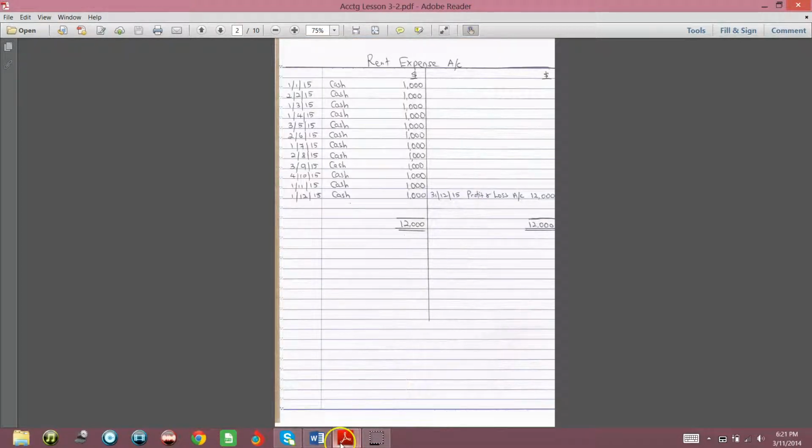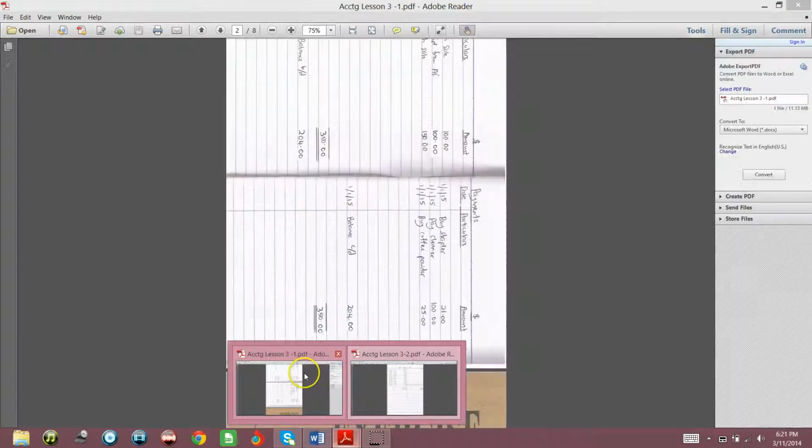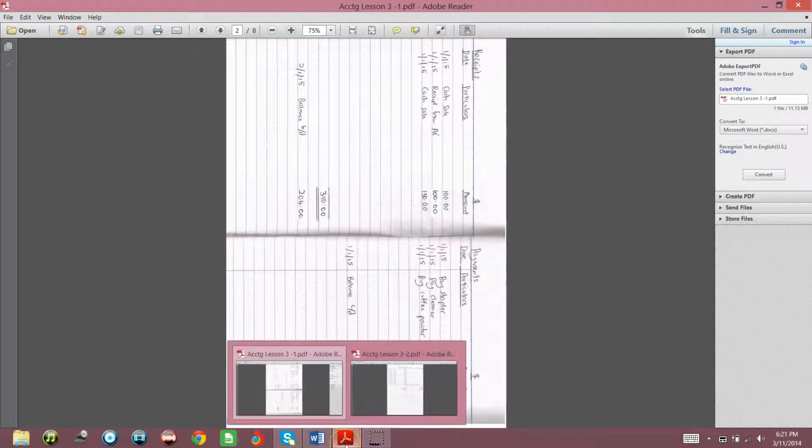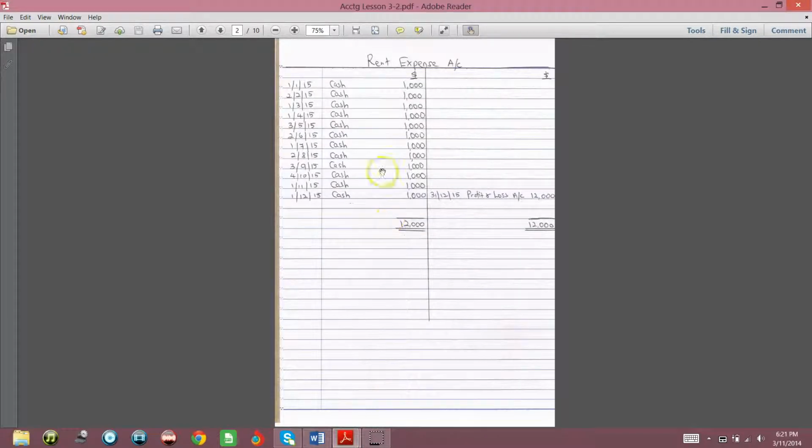So you see, from the book of prime entry, this is my cash book. Every month I will pay rent, whatever date, sometimes sooner, sometimes later. So I will look into my cash book and copy. Whenever I pay rent, I record in my cash book. Then I also record in my general ledger under rent expense.